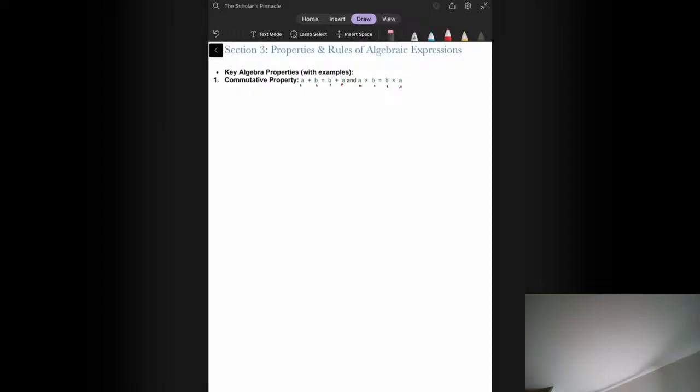Let's take, for example, 4 plus 7 is equal to 7 plus 4. And they give the same answer, 11 equal to 11. We can also say 4 times 7 is equal to 7 times 4, and they both equal 28.